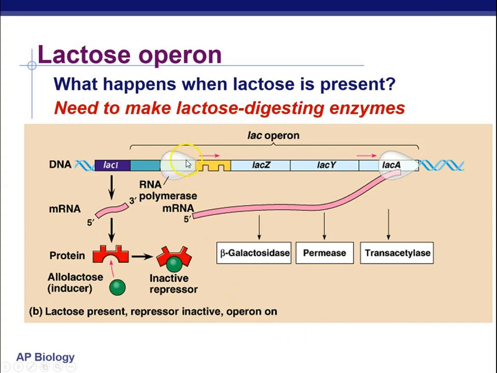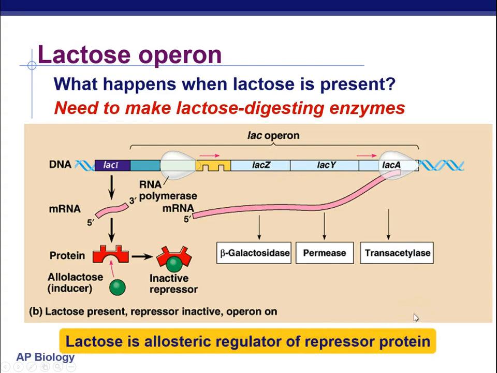Again, there's our RNA polymerase bound over the promoter. There's our operator. Here's our repressor protein in red. And in this case, the green is the lactose, which can bind to the repressor protein and get it to let go of the operator so that RNA polymerase can get through. And then we can make our enzymes.